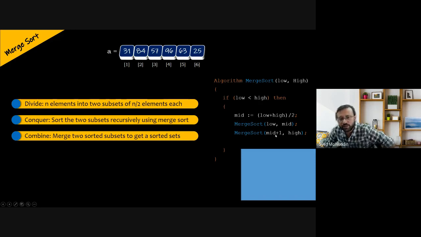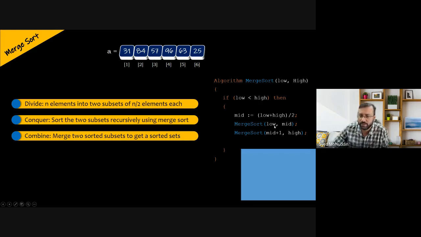Why are we using mid plus 1, not mid? Here we used low comma mid, and instead of low, we are using mid plus 1 comma high. Why are we not using mid comma high? Because the subproblems are non-overlapping. They don't overlap. From low till mid is one subarray, and from mid plus 1 till high is another subarray.